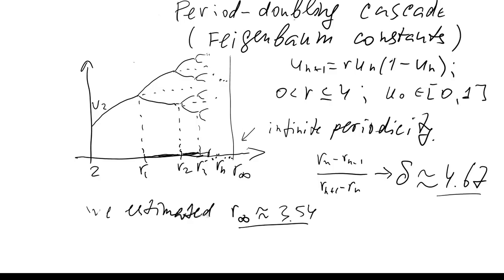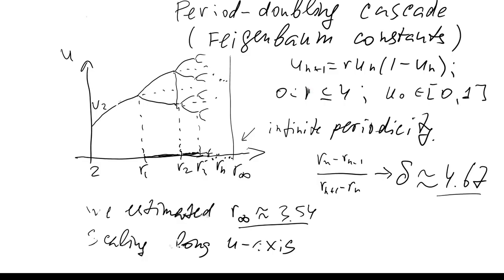On the other hand, there is another Feigenbaum constant, and this is associated with scaling along the U axis. So what does it mean?